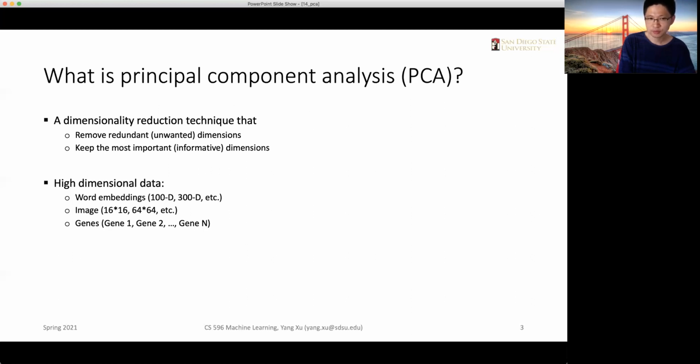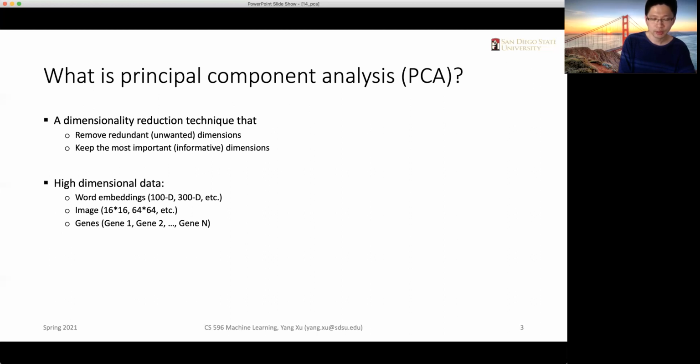So such a technique allows us to see how those data points cluster, or at least how they distribute in space, in a 2-dimensional or 3-dimensional space, for example. So that applies to quite a broad range of data.